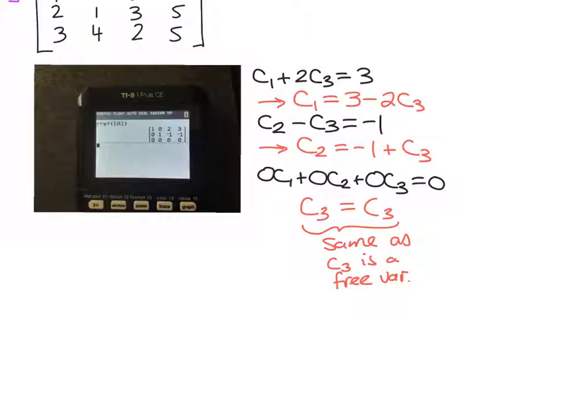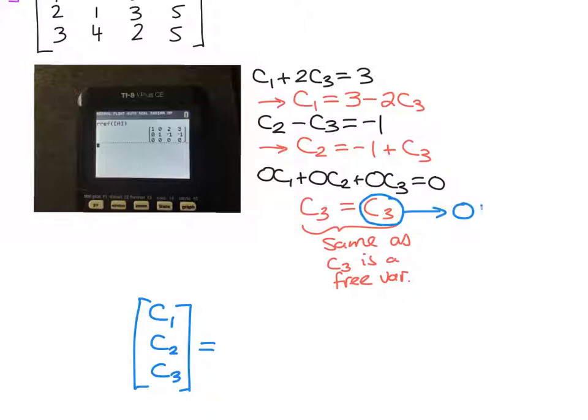All right? So I can rewrite this as C1, C2, C3 as a column vector is equal to, I have all of my coefficients really, and I can even write the C3 as 0 plus C3.